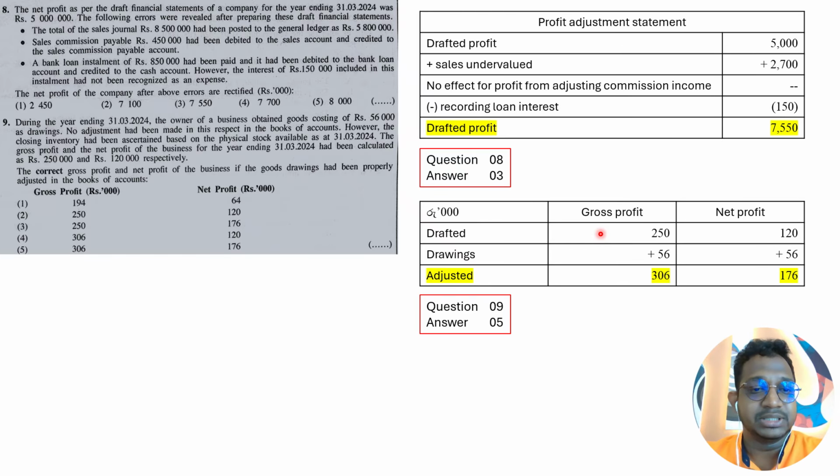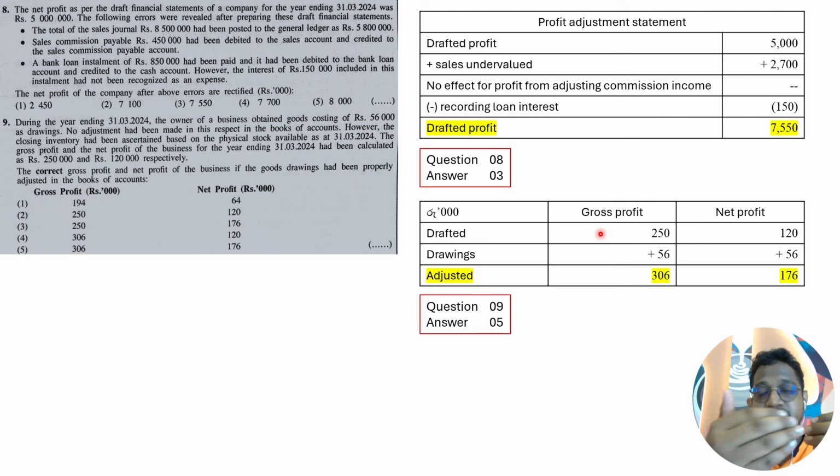So here, the thing that they didn't record is what? Stock drawings. Simply, stock drawings is not an expense. But the double entry of stock drawings is drawings debit and cost of sales credit. So cost of sales is your main expense. When the owner withdraws stock, it should be deducted from the purchases as stock drawings.